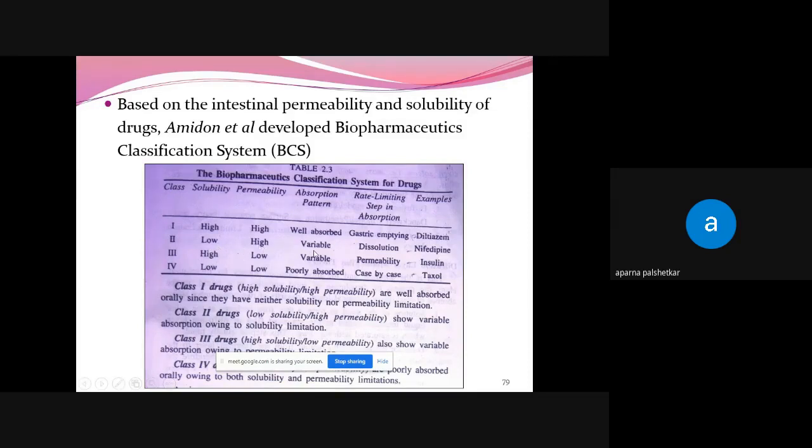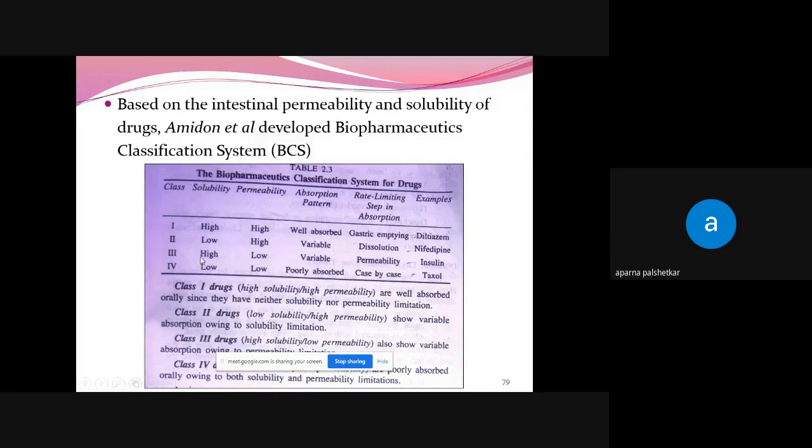So the absorption pattern can be variable, but the rate limiting factor, because of the solubility, is dissolution. Nifedipine is one of the examples. Then there is class 3, which has a high solubility and low permeability. Again, the absorption pattern can vary because it is dependent on the permeation of the drug through the GI membrane. Insulin is one of the examples.